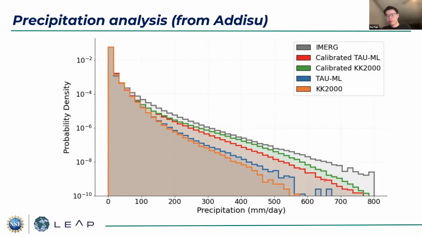And then the calibrated tau ml, this right one. Both calibrated results are much better than the original KK and original tau ml ensemble. I was a bit surprised that the calibrated KK performs better than the calibrated tau ml.